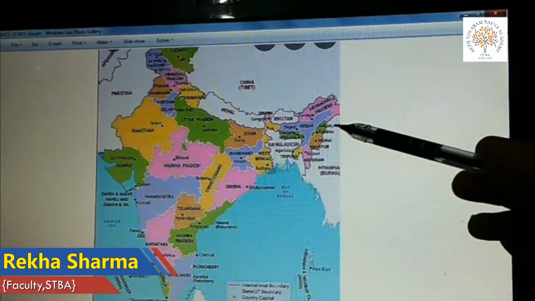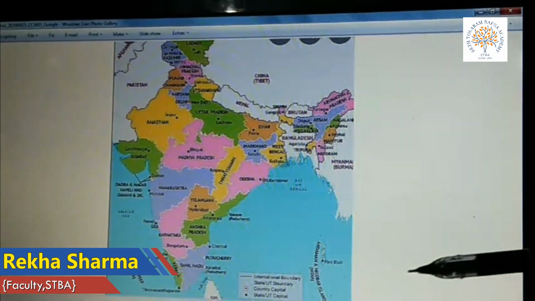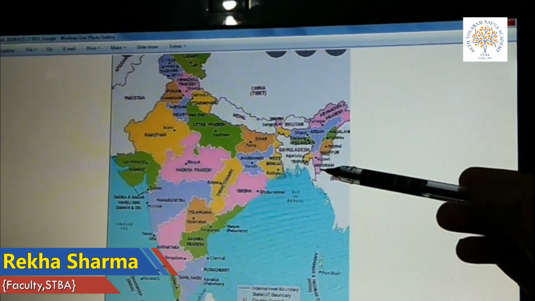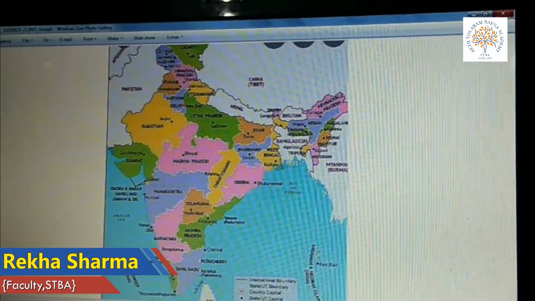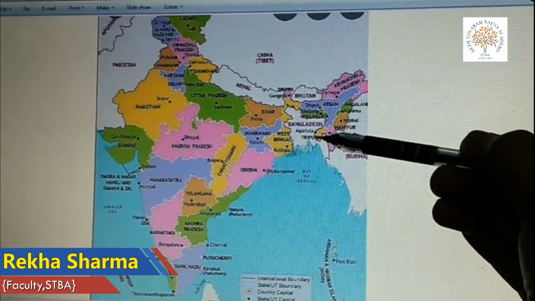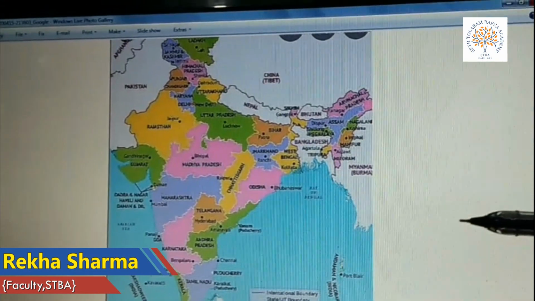Below Nagaland, you can see the next state Manipur and its capital is Imphal. Below Manipur, you can see the next state Mizoram and its capital is Aizawl. Now children, near Mizoram, you can see the small state Tripura and its capital is Agartala.